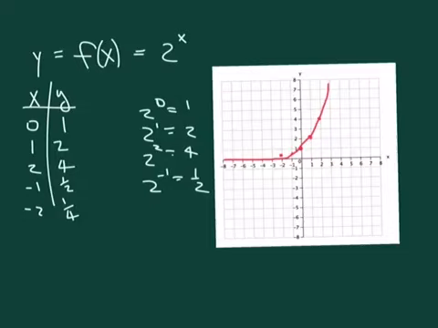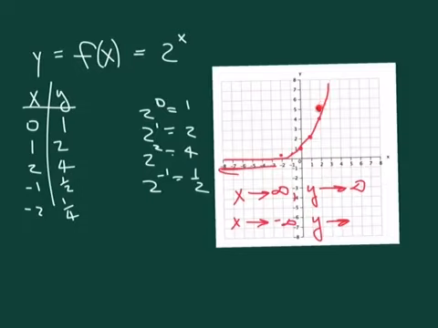So as x approaches infinity, y approaches infinity. As x approaches negative infinity, as it goes this way, y approaches, well, what happens?